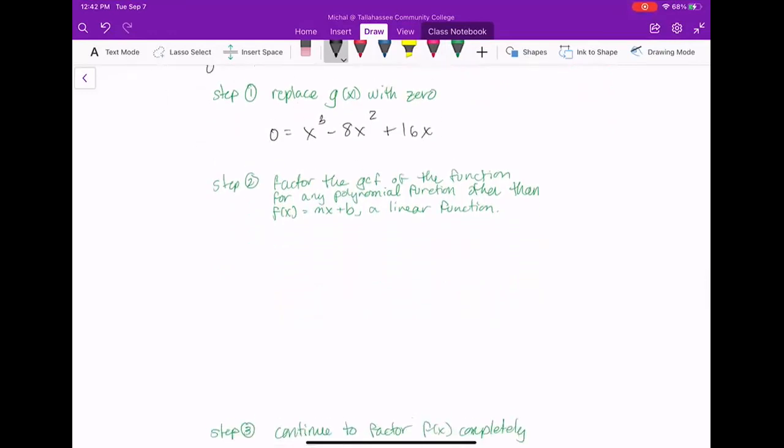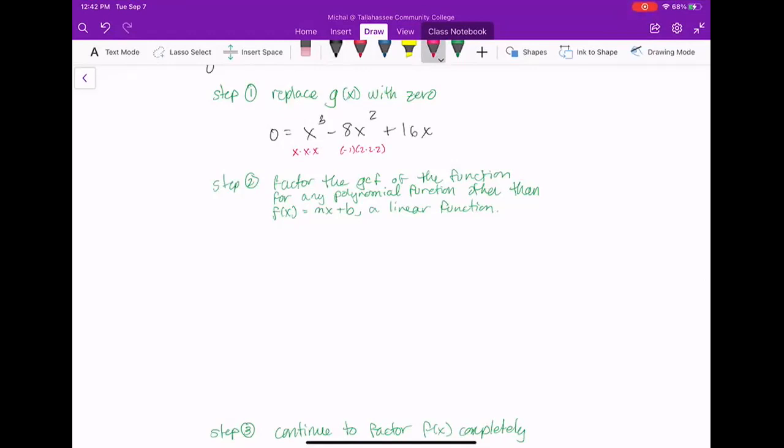So to factor the GCF, I want the largest term that evenly divides x cubed, negative 8x squared, and positive 16x. I can think of these if I write the prime expansion. You don't have to write this step. This is just to help you visualize how I'm getting this GCF. x cubed is the same as x times x times x. Negative 8x squared is the same as negative 1 times 2 times 2 times 2, because that's the prime factorization of 8.